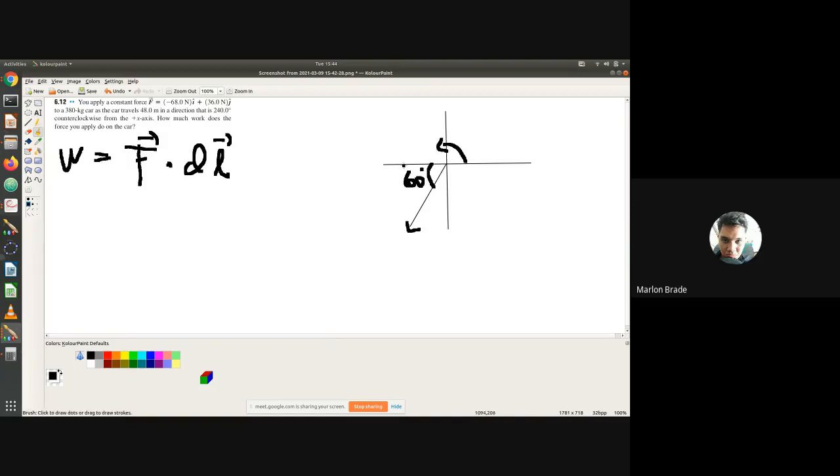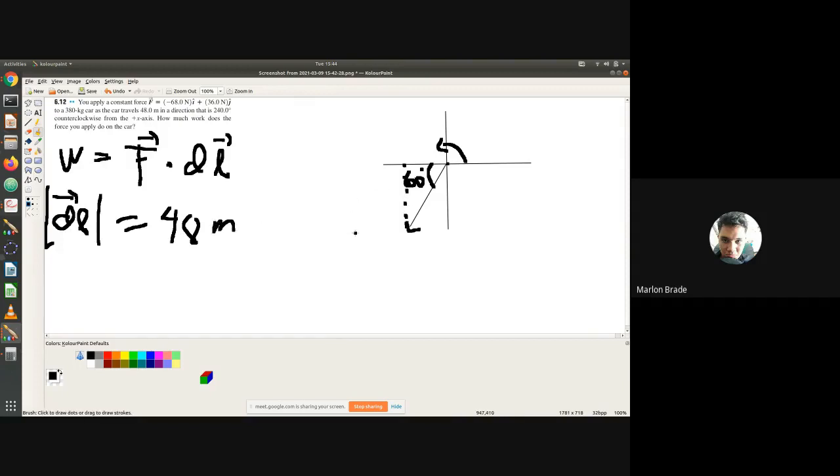Okay, so now the projection here. The length is given as 48. So the magnitude of dl is given to be 48 meters, from the origin to the tip of the arrow.